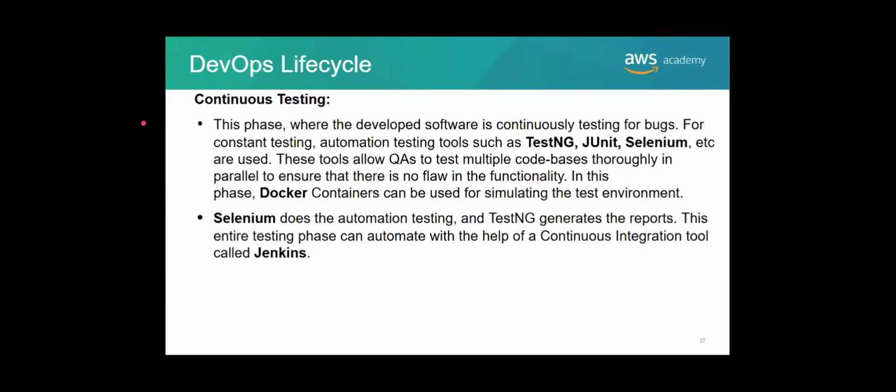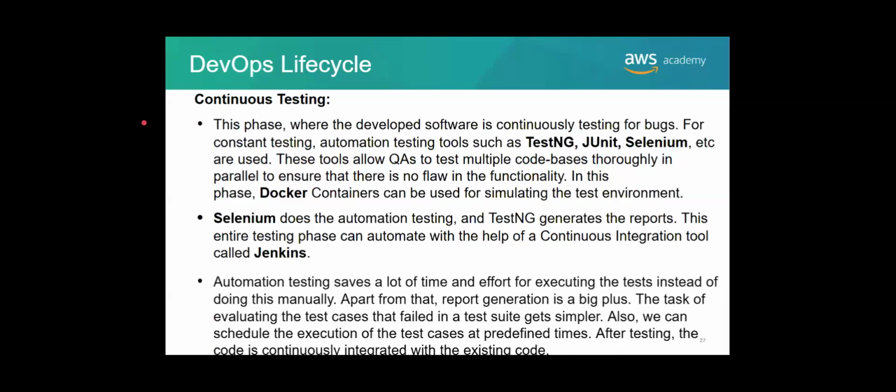This entire testing phase can be automated with the help of the continuous integration tool called Jenkins. I think I showed you in the first slide yesterday, right? Jenkins is the integration tool. Jenkins will help you from top to end. There are other automation testing tools which will save a lot of time and effort compared to executing all the tests manually.